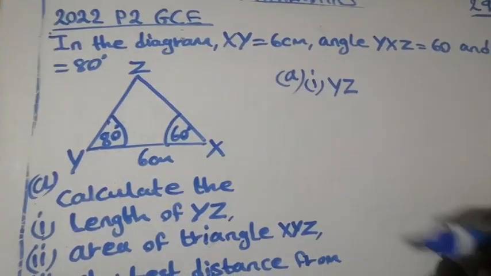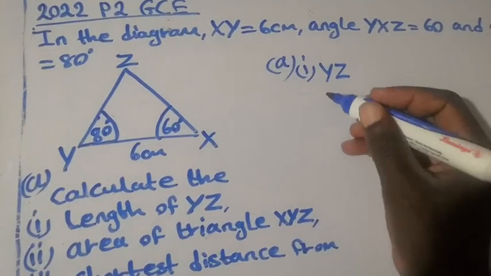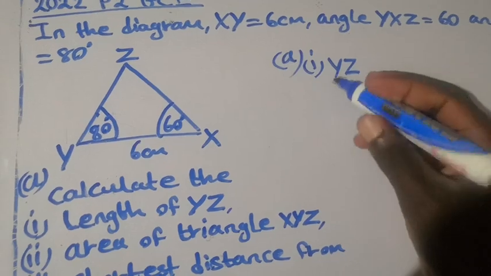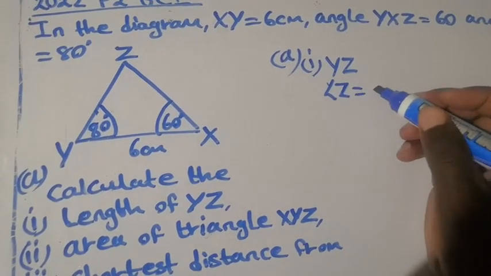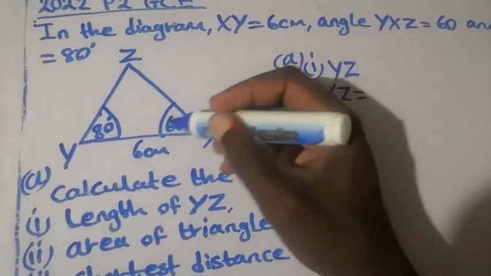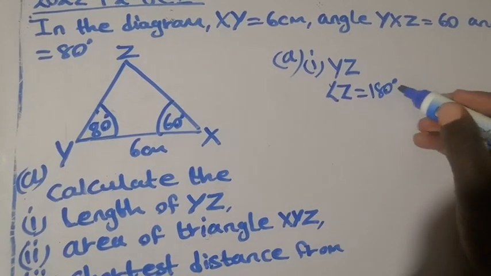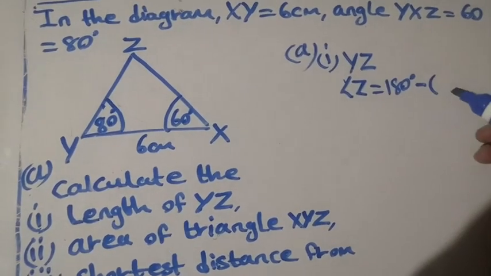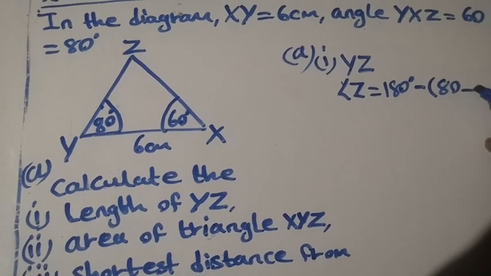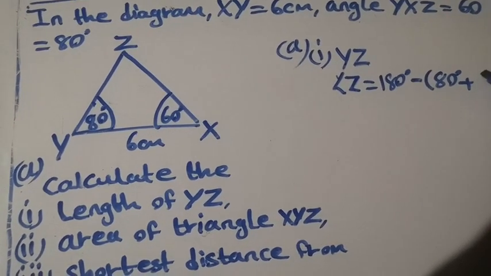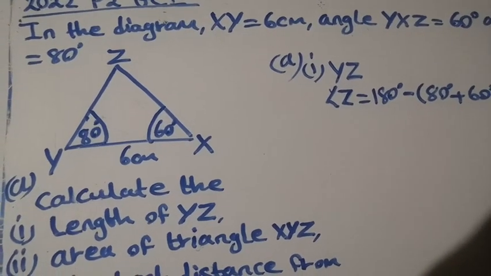Let's first find angle Z. Angle Z will be equal to the total for a triangle, 180 degrees, minus, open brackets, 80 degrees plus 60 degrees. Very important to indicate the degrees.